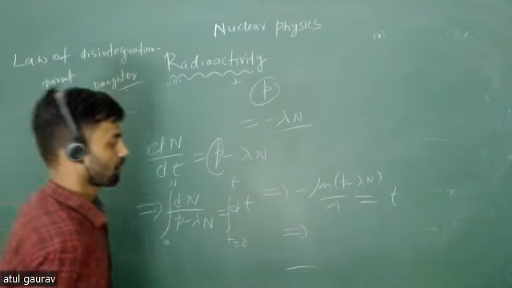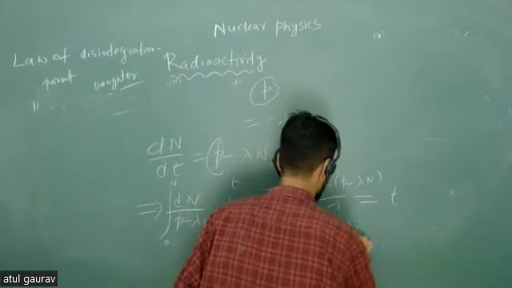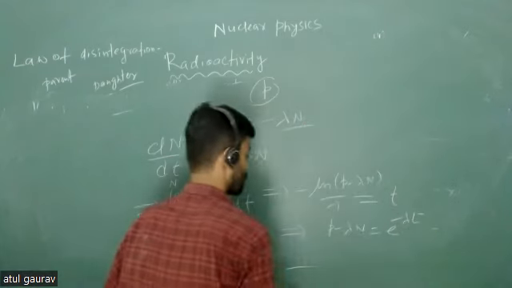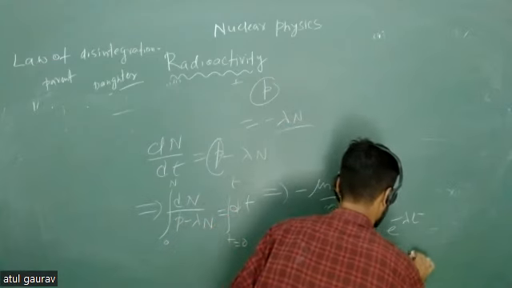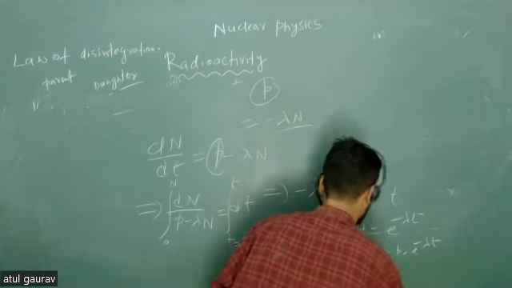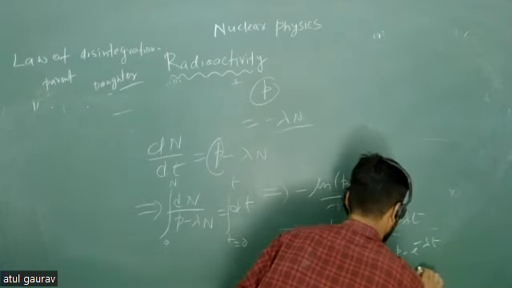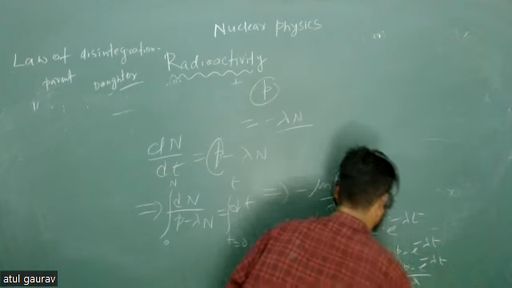Okay, so we can calculate from here P minus lambda n equals exponential minus lambda t. Then you will get lambda n equals P minus exponential minus lambda t. So n equals how much? P minus exponential minus lambda t, by lambda.